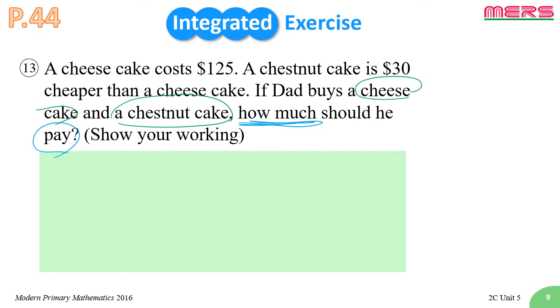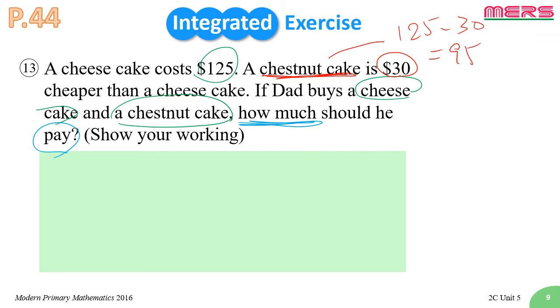The cheesecake is 125, and the chestnut cake is 30 cheaper than the cheesecake. So this cake should be 125 minus 30, which becomes 95.